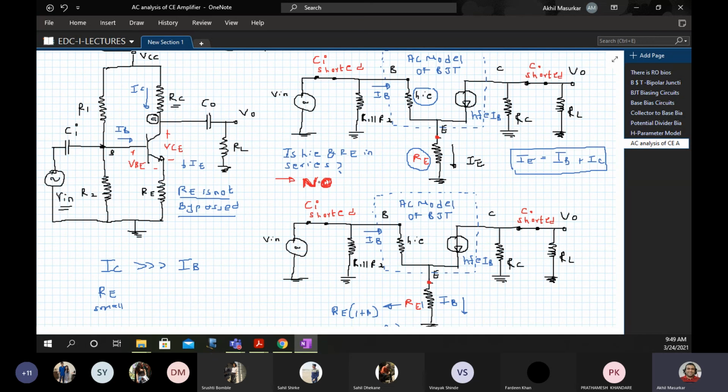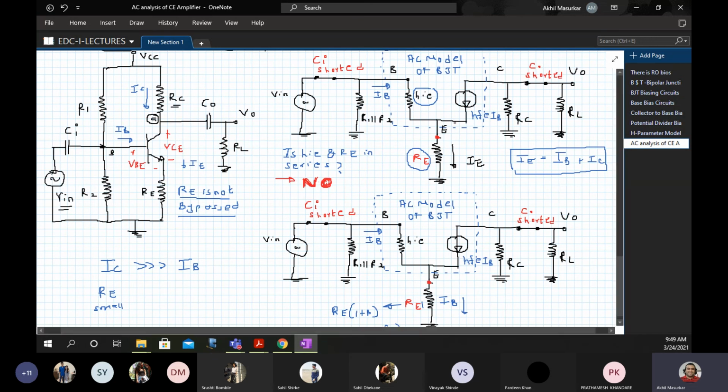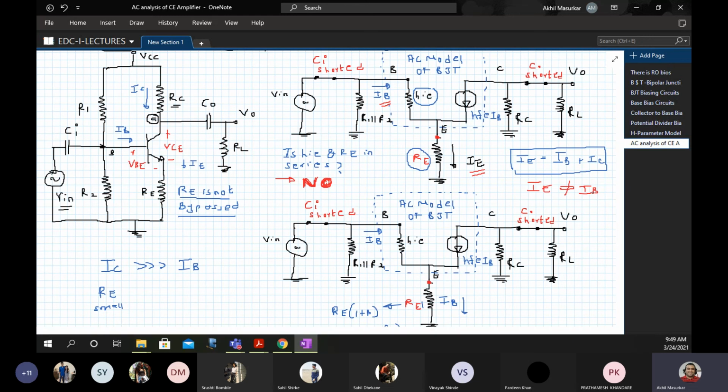Because the current flowing through HIE is IB, the current flowing through RE is IE, and IE is not equal to IB. Then I ask the next question.